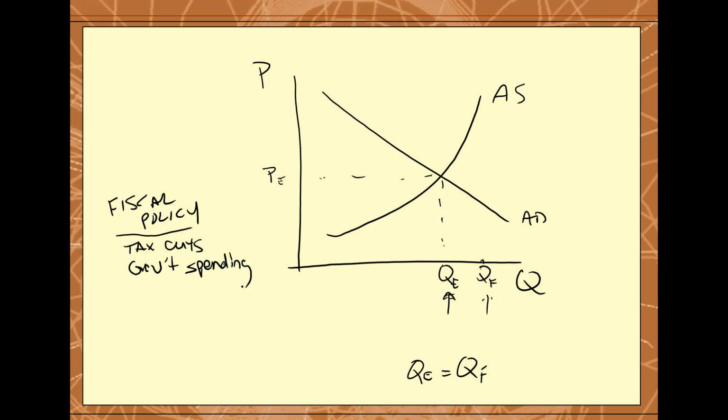And both of these, tax cuts and government spending, could, in theory, shift the aggregate demand curve to the right. Shift it to the right. And we're going to get a new equilibrium level of output that's hopefully equal to the full employment level of output. Now, what we're going to do now is talk about monetary policy.